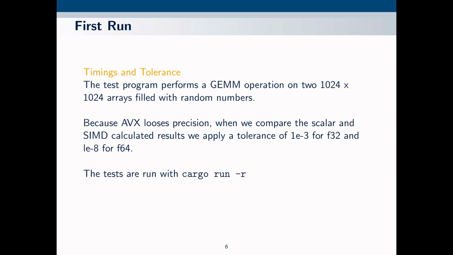For testing the performance of my newly written GEMM function, I multiplied together two 1024 by 1024 arrays filled with random numbers. AVX does lose precision when processing. It's not fully IEEE compliant for floating point maths. So we add in some tolerances for the comparison of results between the scalar and SIMD code.